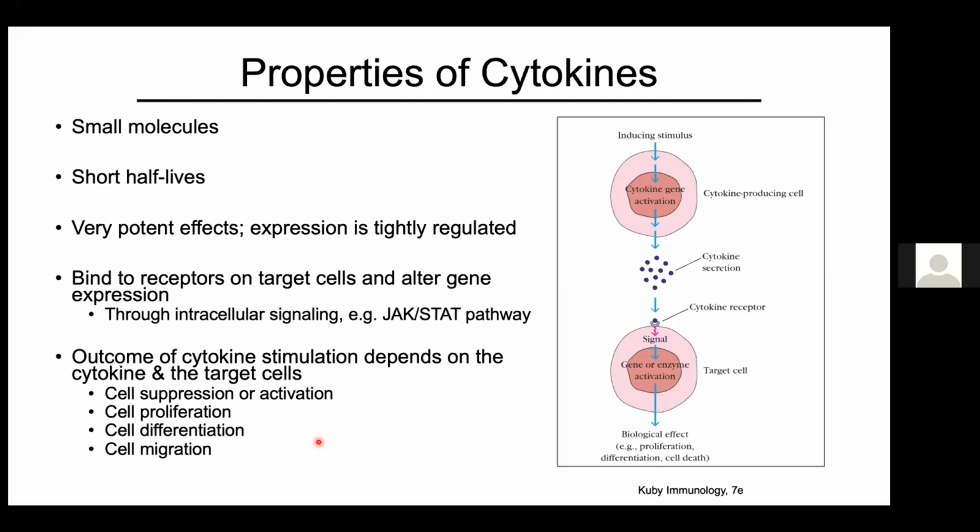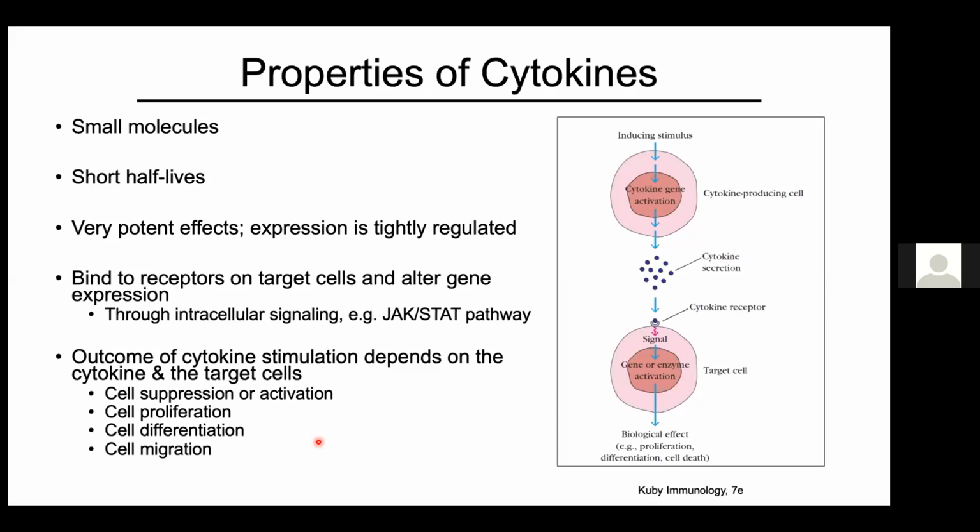So the outcome of cytokine stimulation depends on the cytokine and on the target cell. So you can either get cell suppression or cell activation. You can get cell proliferation, so you get that cell now producing other daughter cells, or you can get cell differentiation.